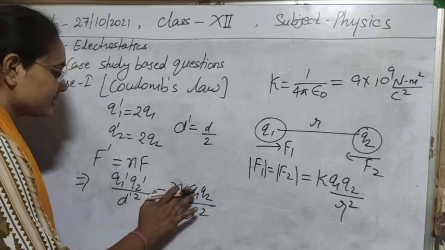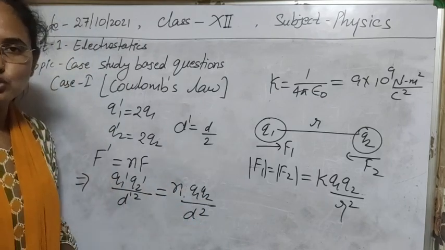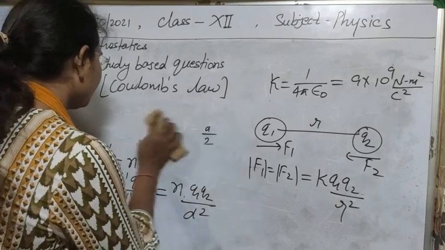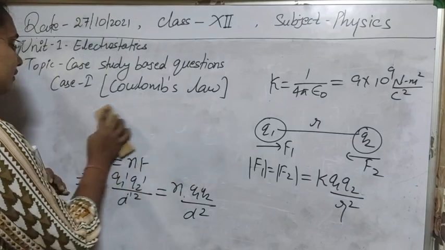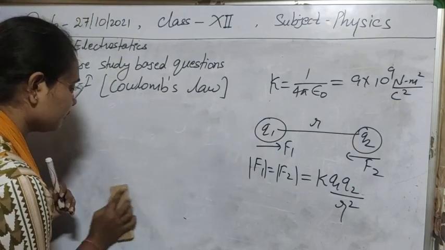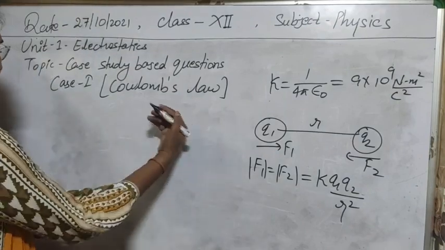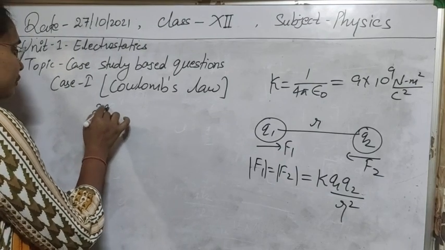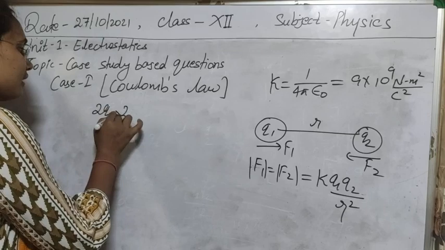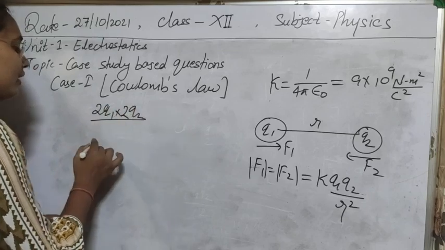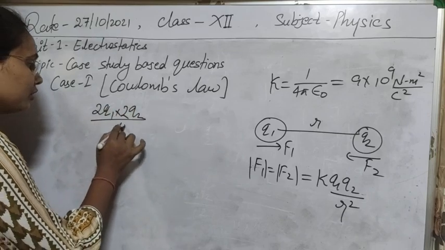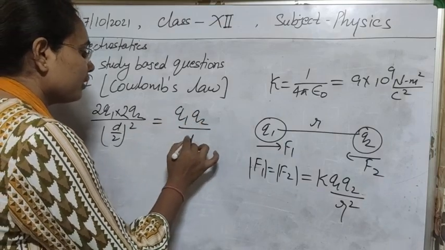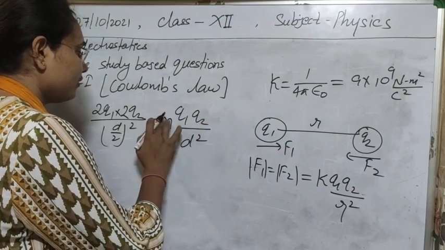Now let's put the values of q1 dash, q2 dash and d dash. Q1 dash is 2q1, q2 dash is again 2q2, upon d dash, which is d by 2, whole square. This is equal to n times q1 q2 upon d square.